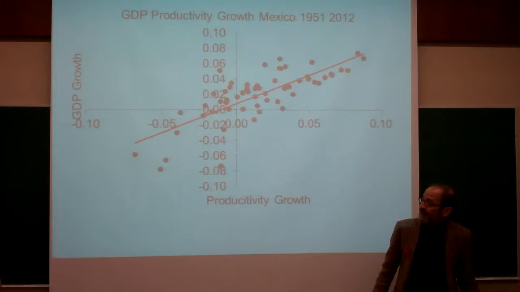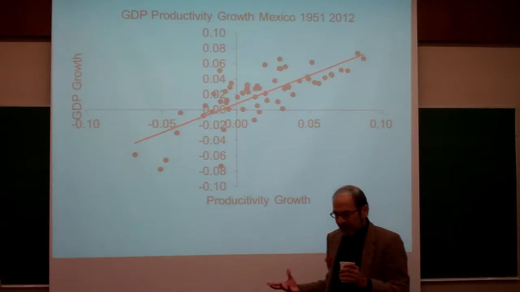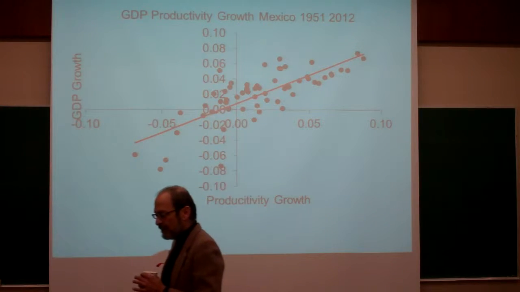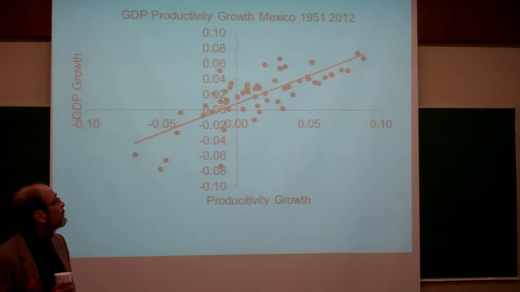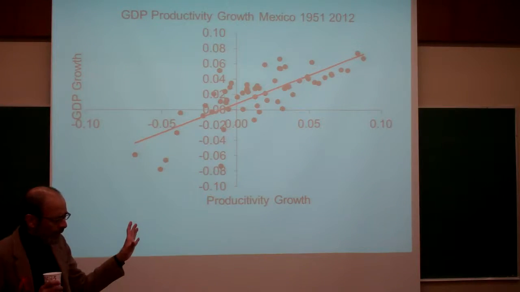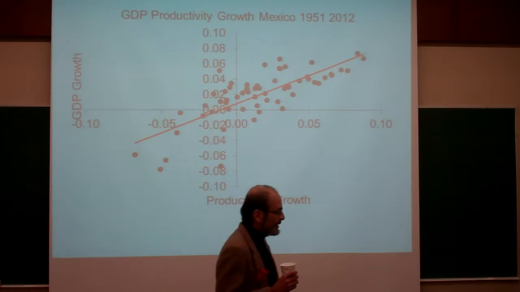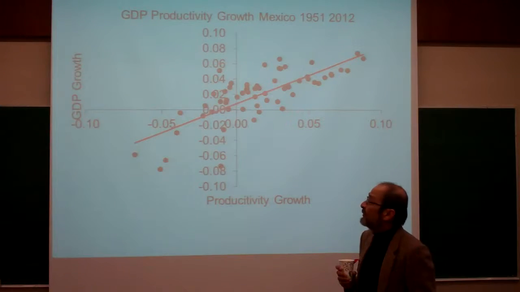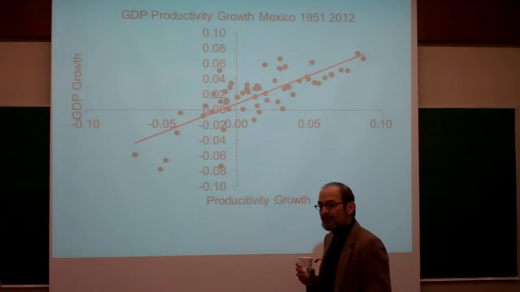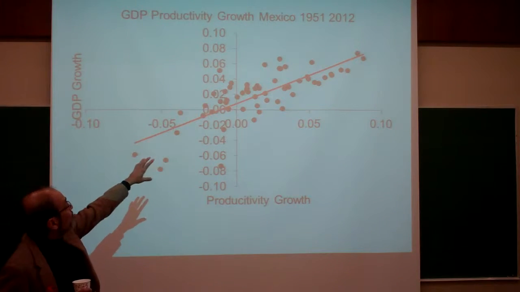Another way of looking at it would be to look at how productivity growth affects the GDP growth in Mexico. So here's a scatter plot of productivity growth and GDP growth in Mexico over the last 6 decades. And what it shows is that there's a very clear positive relationship between the two, and they move pretty much in tight relationship.